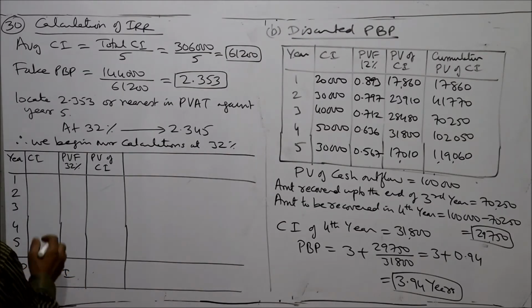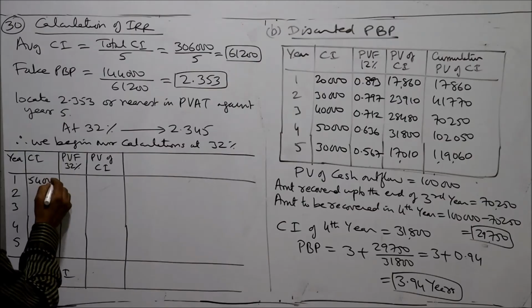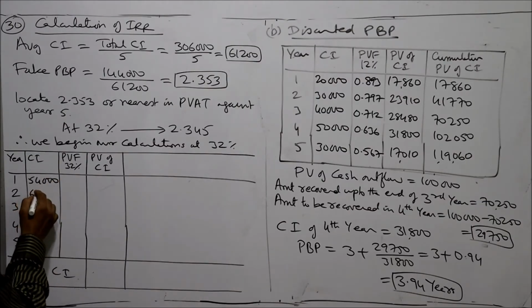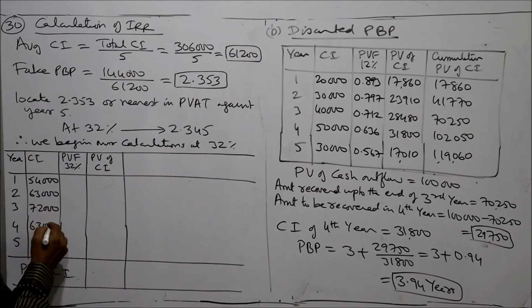PV of cash inflow. The cash inflows given in the problem are 54,000, 63,000, 72,000, 63,000 and lastly 54,000.